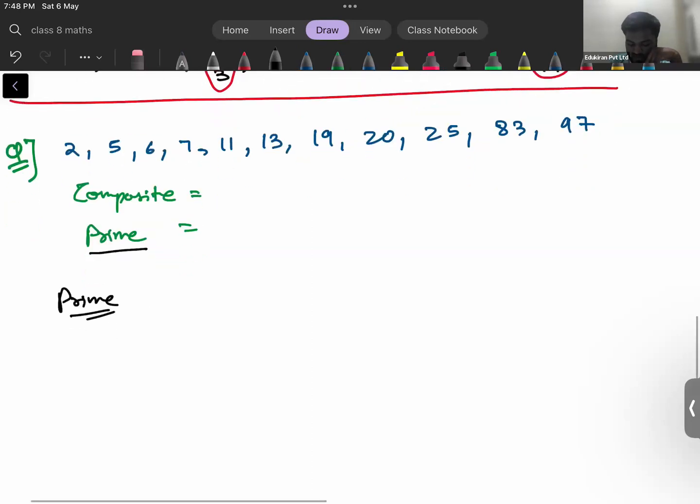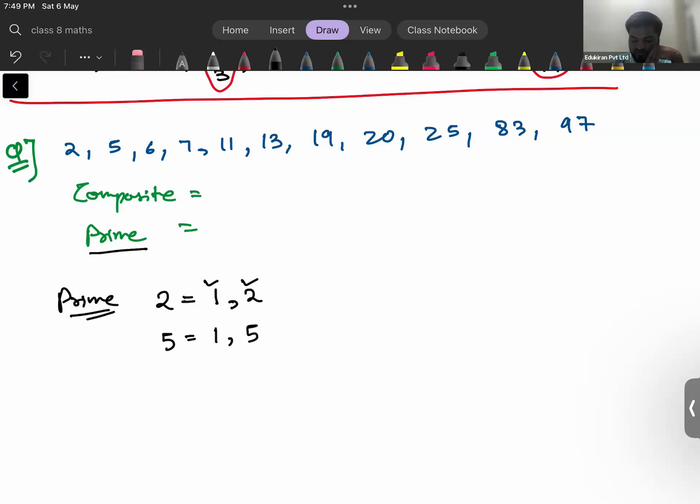Like if I have a number 2, what are the factors of 2? It is 1 and 2, right? Factors basically are those numbers with which the given number is divisible. I mean 2 can be divided by 1 and 2 can be divided by 2 also, right? What about 5? How many factors are there for 5? 1 and 5.